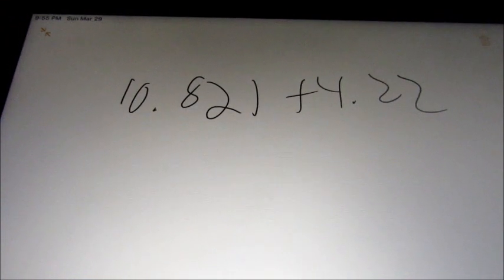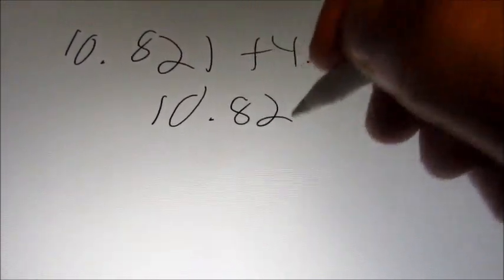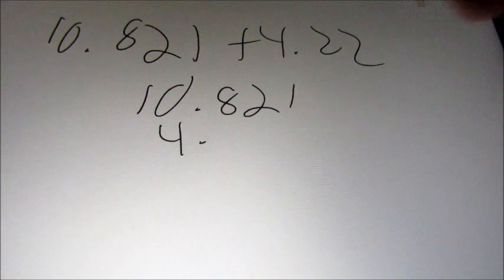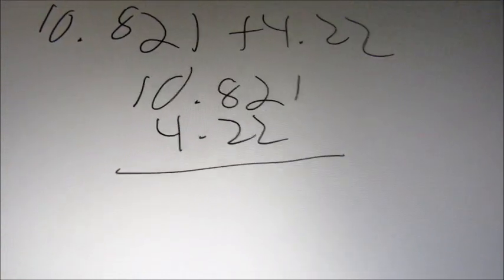Okay, so next we're going to add and subtract decimals. So let's say we have 10.821 plus 4.22. The easiest way to do these is to line them up vertically with the decimal points lined up. So 10.821 plus 4.22.